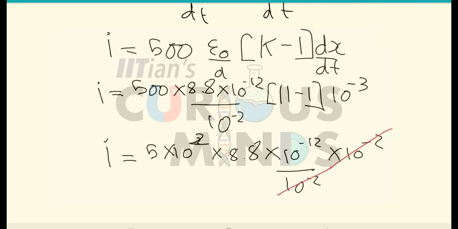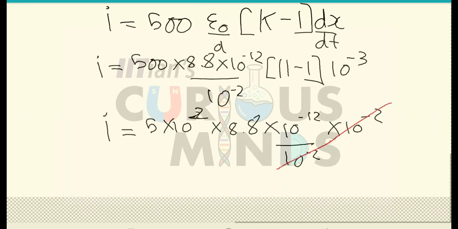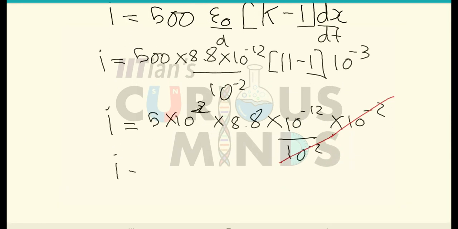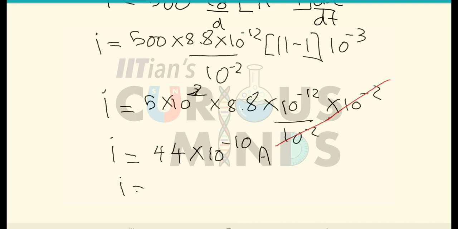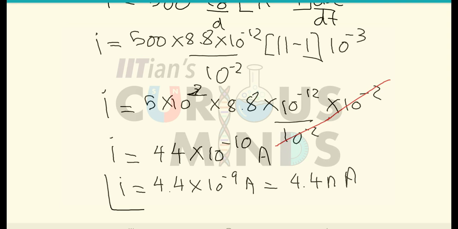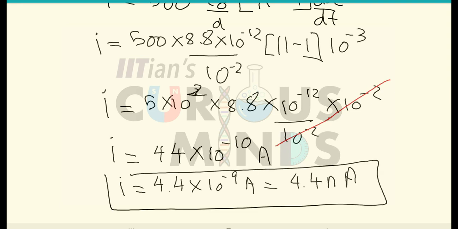It will be equal to 8.85 into 5, which is 44.2, or basically 44 into 10 raised to minus 10 ampere, or the current induced can also be written as 4.4 into 10 raised to minus 9 ampere, that is 4.4 nano ampere. This is the current flowing through the circuit.